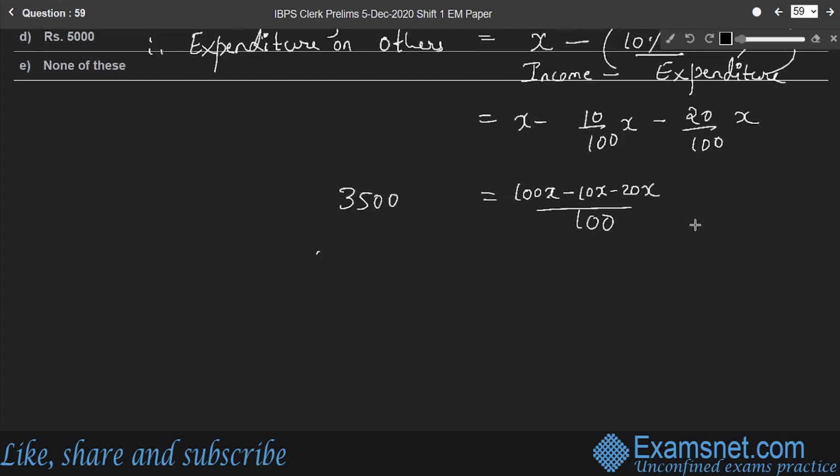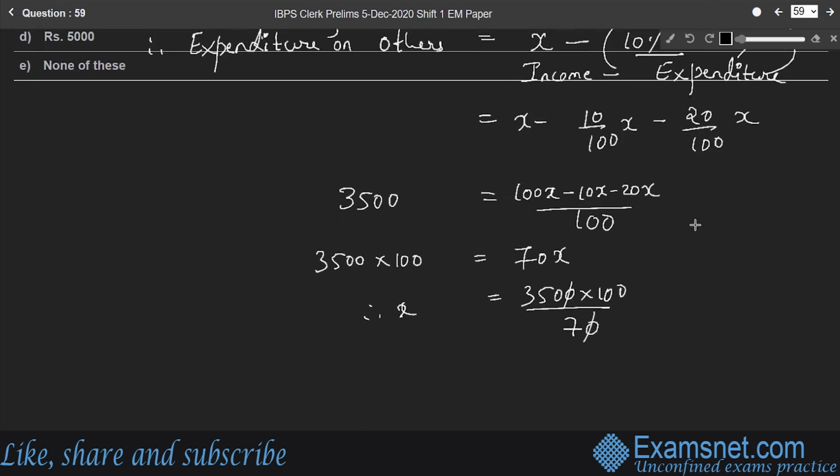Therefore 3,500 into 100 is equal to 100 minus 10, 90, 90 minus 20, 70x. Therefore, x is equal to 3,500 into 100 divided by 70.